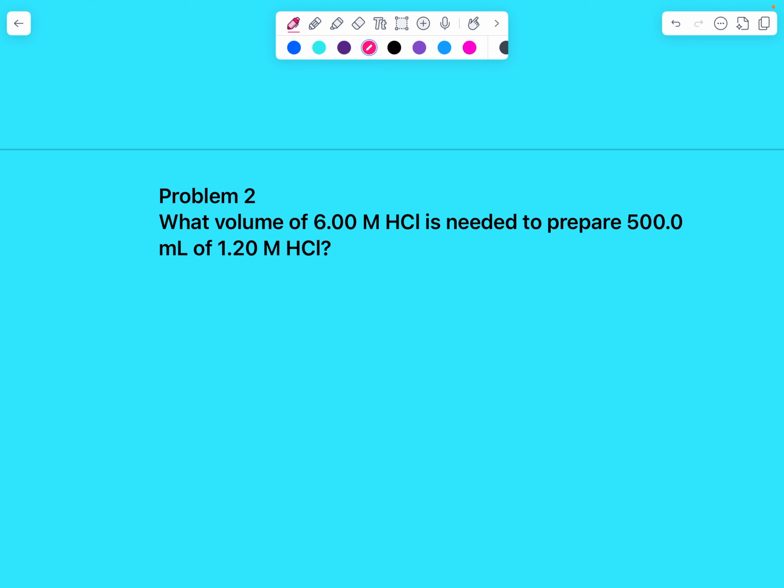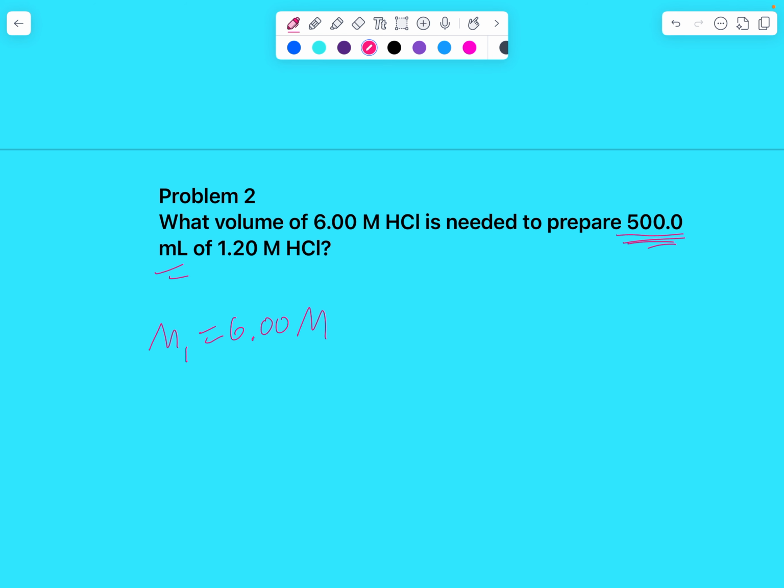What volume of 6.00 molarity HCl is needed to prepare 500.0 milliliters of 1.20 molarity of HCl? Right, what you know and what you don't know. What volume of 6.00? Let's start with that. So we're starting with 6.00. That is my M₁. Is needed to prepare 500 milliliters.